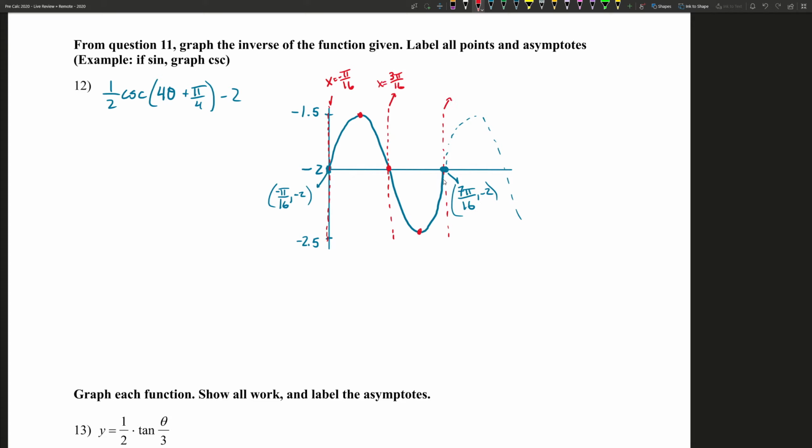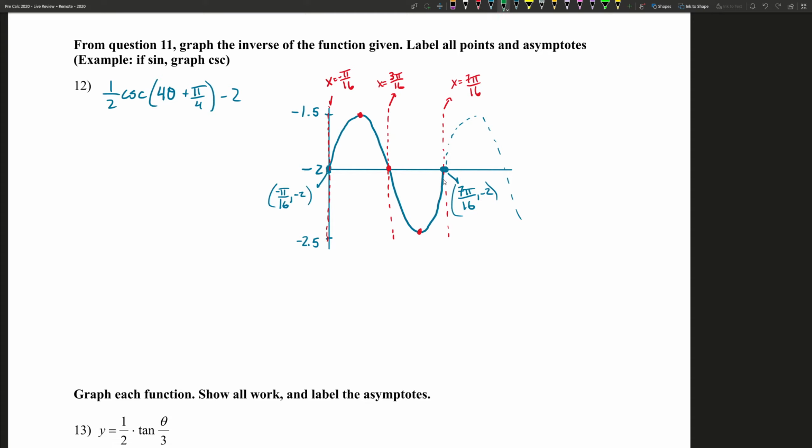And then this asymptote will be 7 pi over 16. Right, and that's directly from what I had above. So all the work that we did up top does this for us. Okay. So those are the asymptotes.